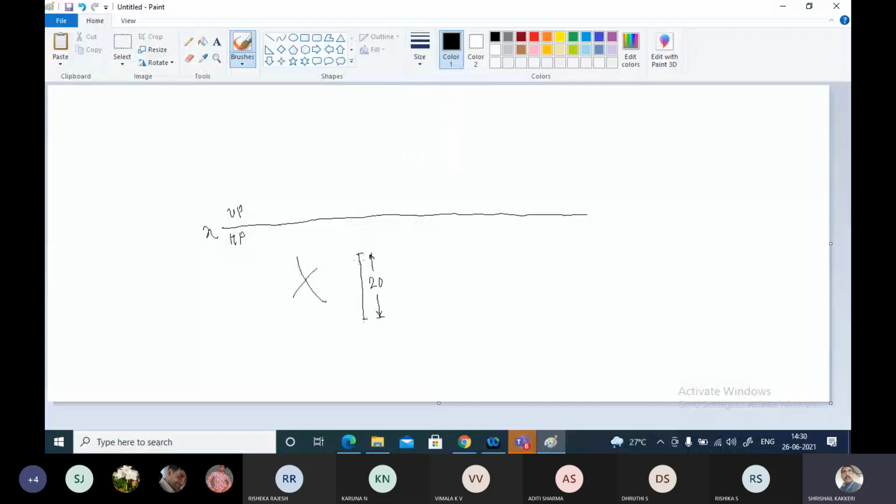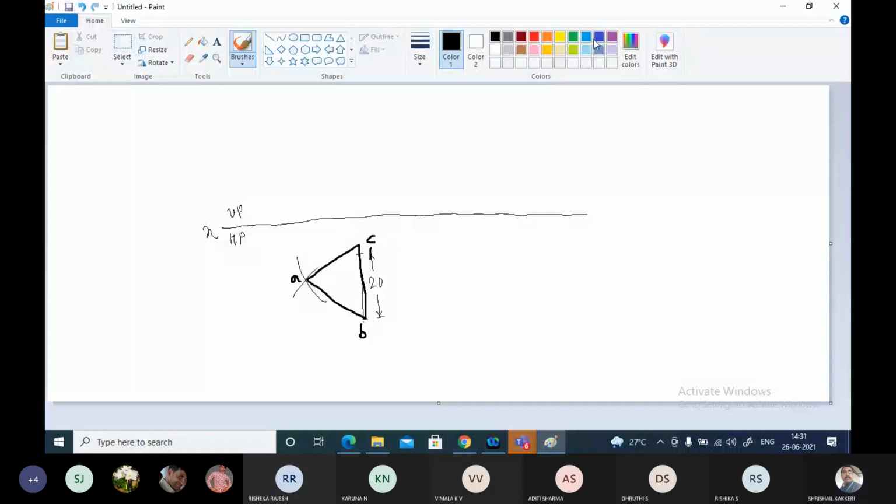Now using a thick line, join them. This will be equal to 20 mm height. Let me name it as A, B, and C.